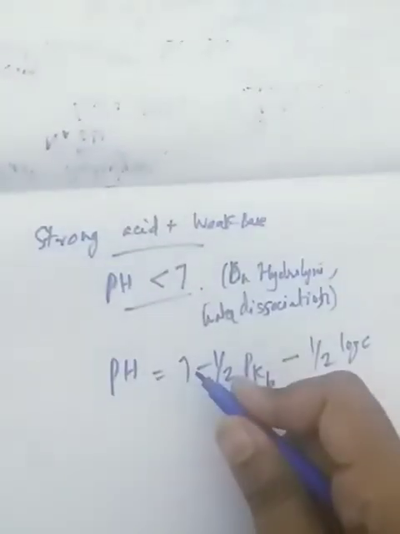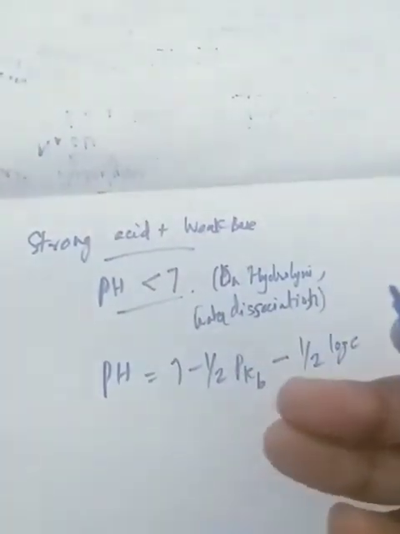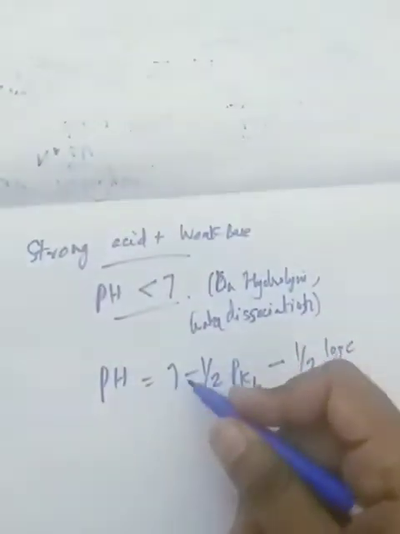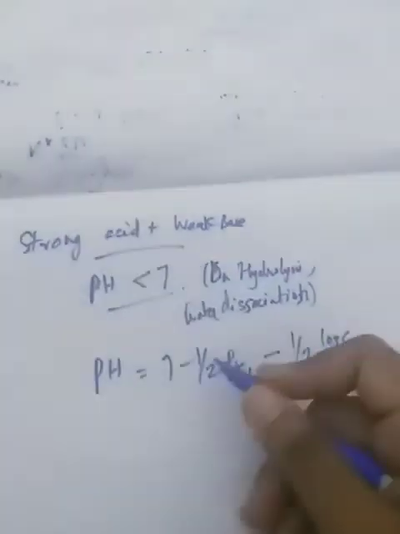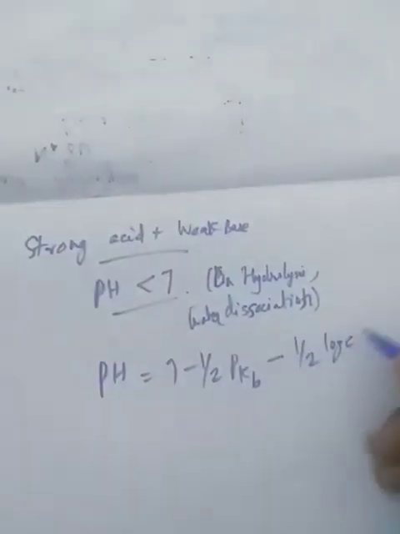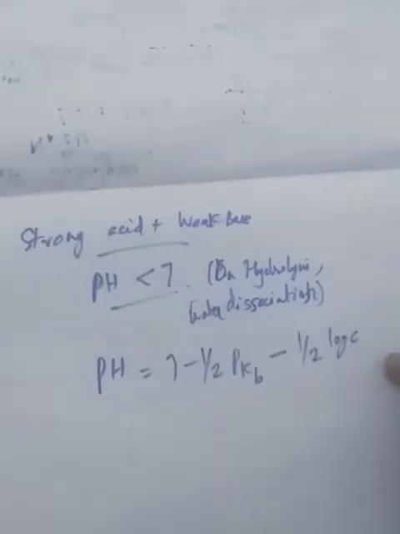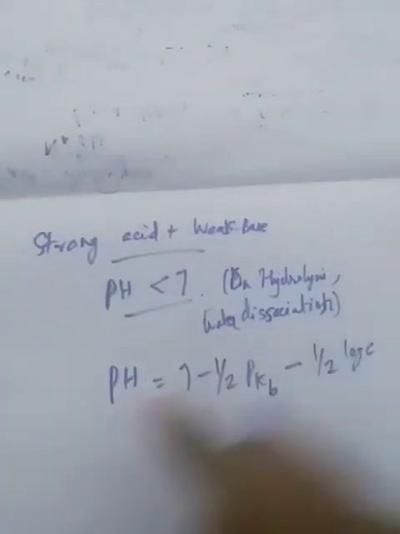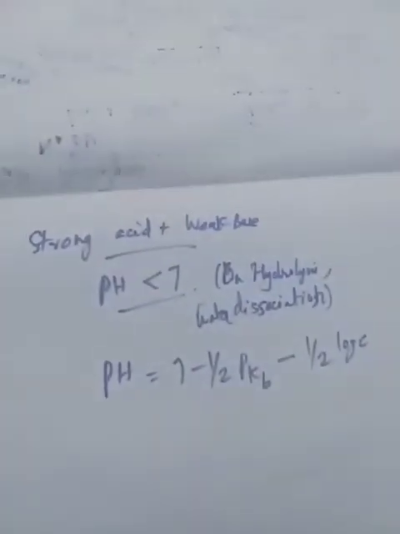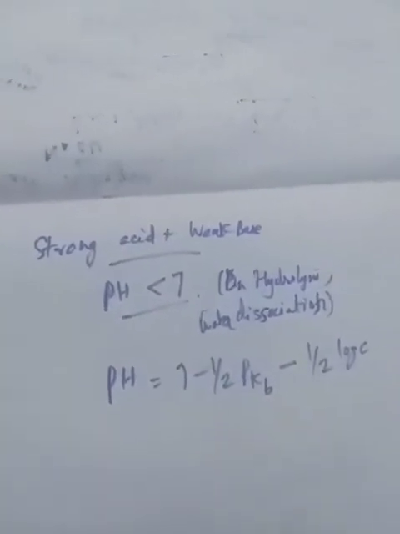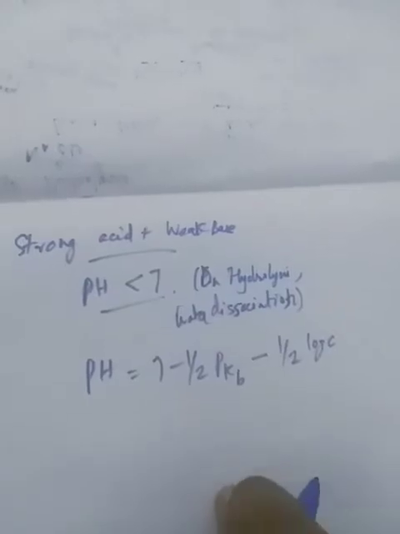We know for a strong base we got 7 plus 1 by 2 pKa plus 1 by 2 log C, because it is greater than pH 7. And for strong acid we will get less than 7.